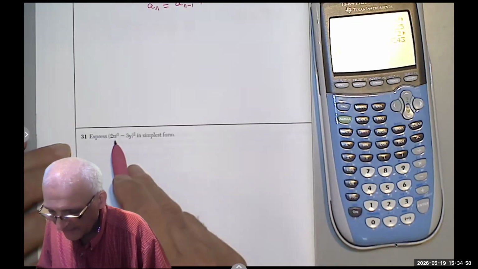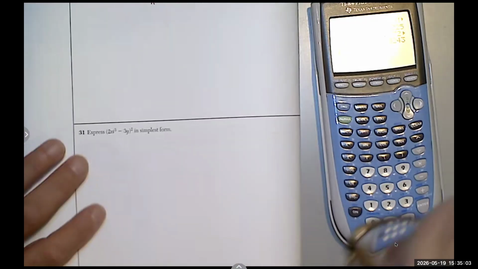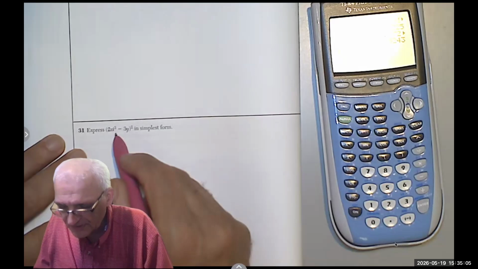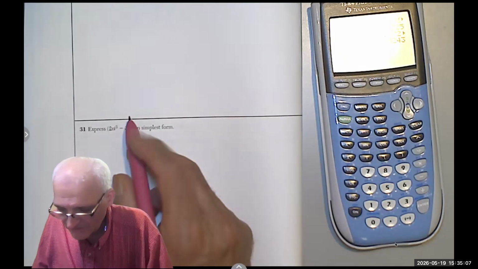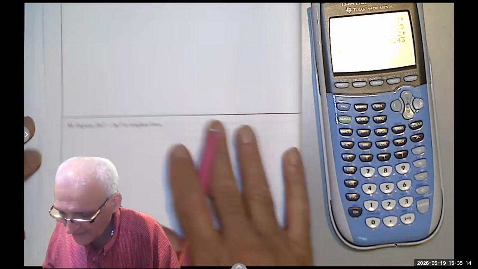Express (2xi to the third power minus 3y) quantity squared in simplest form. Again, some people would say i cubed is negative i, so they rewrite it. There's no reason. You can just square, expand, and then simplify.